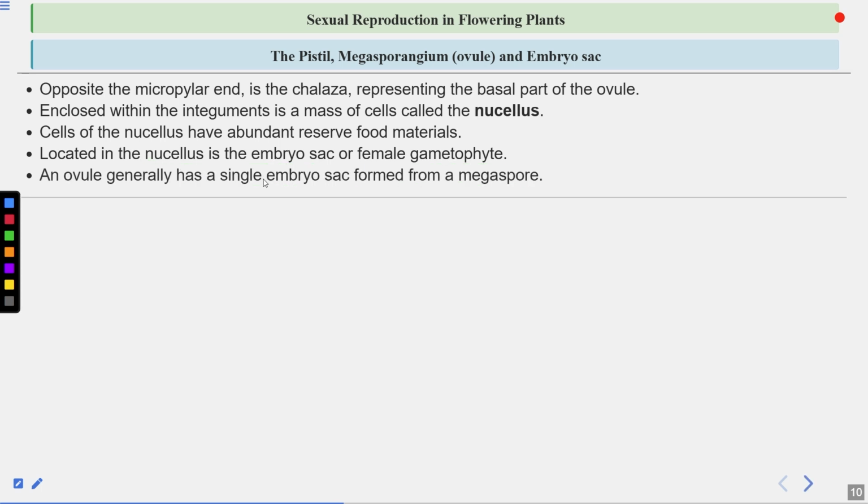An ovule generally has a single embryo sac formed from a megaspore. So this embryo sac is generally single in number, only one, and it is formed from a megaspore.